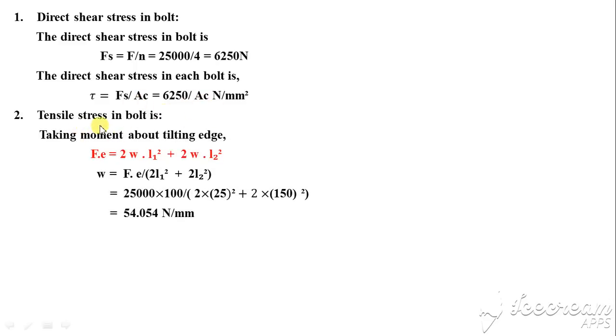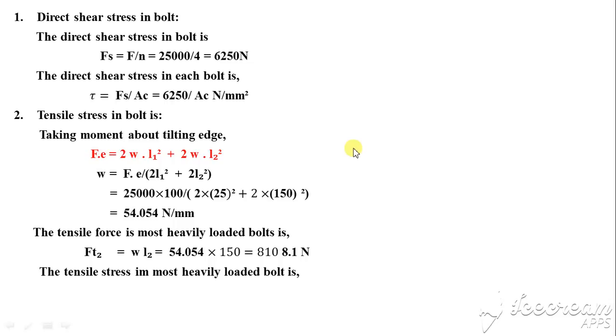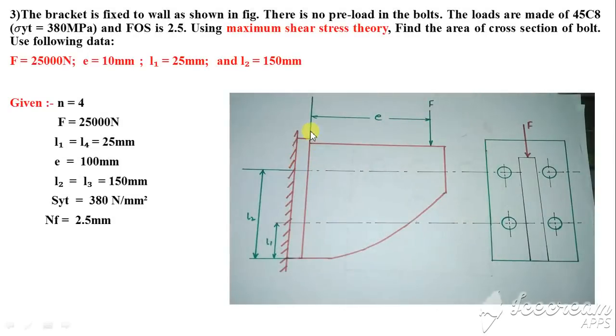Next, tensile stress in the bolt system or bolt edge. Now here just consider we are taking the moment about the tilting edge. The tilting edge means, in this numerical, when the load W or the F is applied, this is our tilting edge, so that will try to pull down this bracket like this.